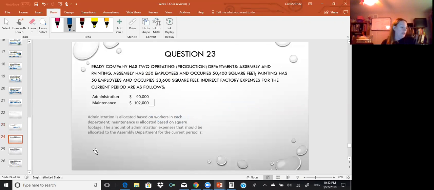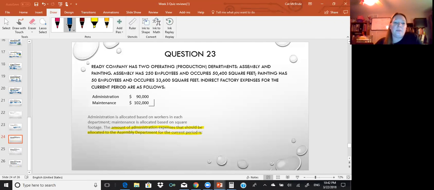Number 23. We want to figure out the amount of admin expenses that should be allocated to the assembly department for the current period. We're going to do this the same way with the ratio that I just explained with the number of employees.